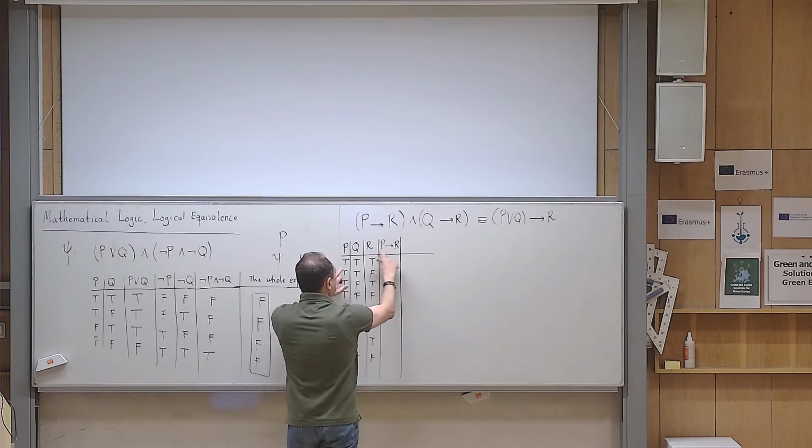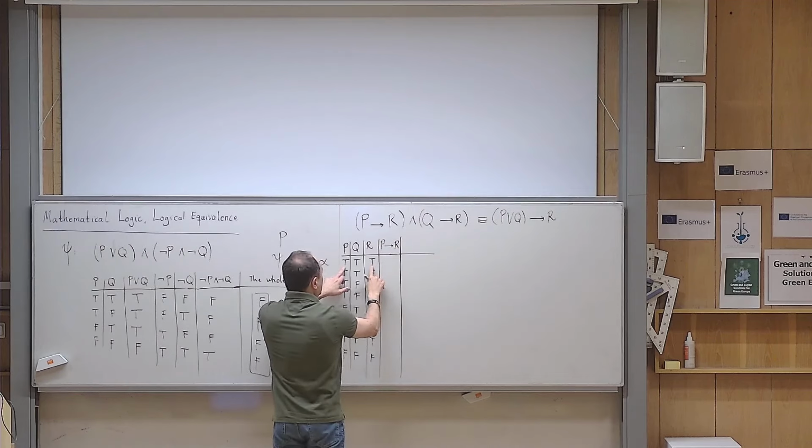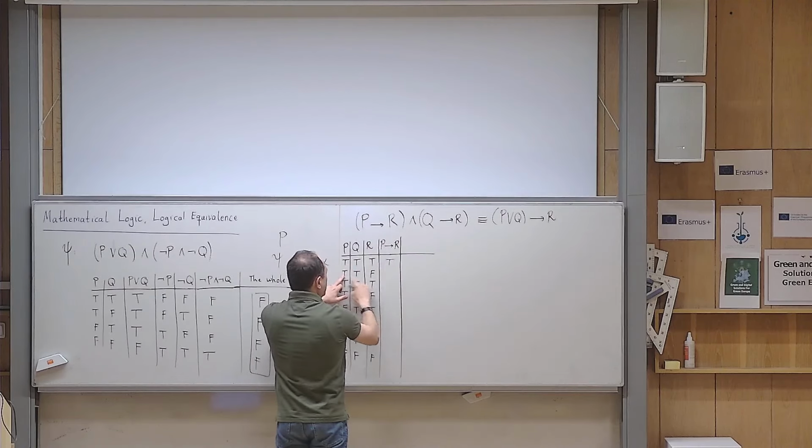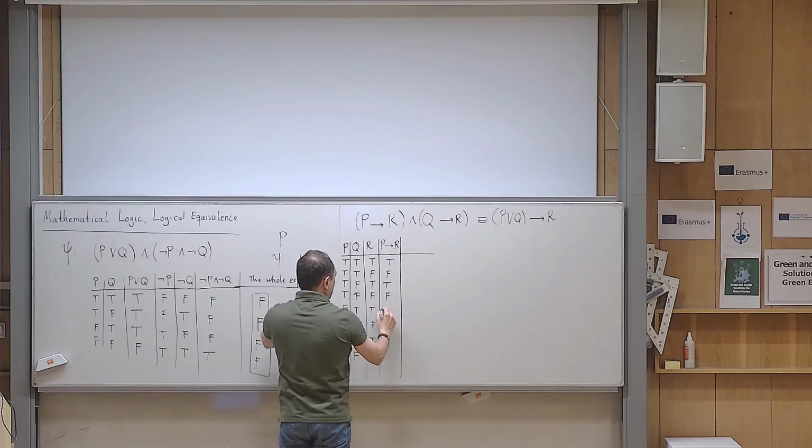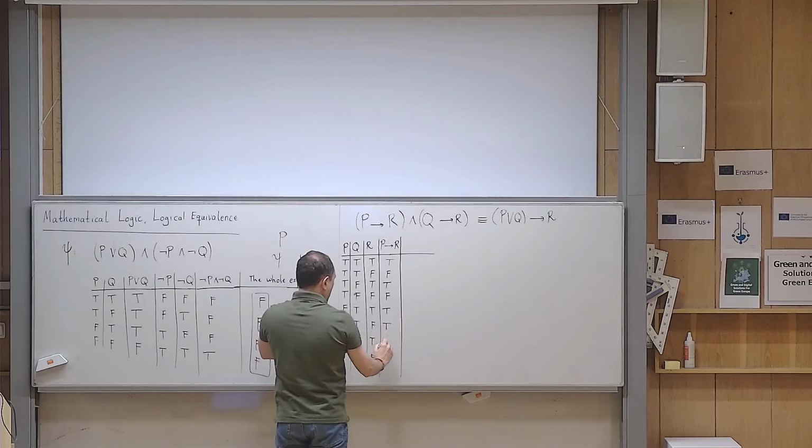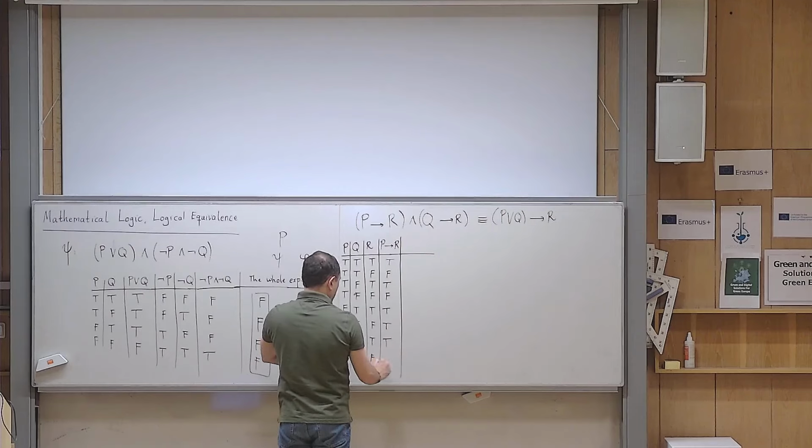So in this case, I have a conditional between P and R. T, T is T, but TF is F, T, T is T, TF is again F, FT is T, 2 F's again T, FT is T, and 2 F's is T.